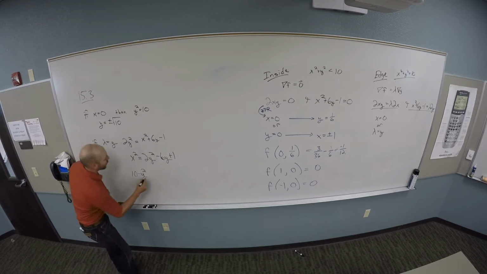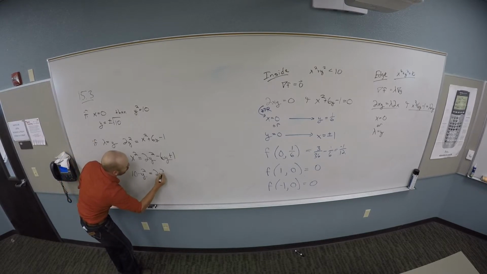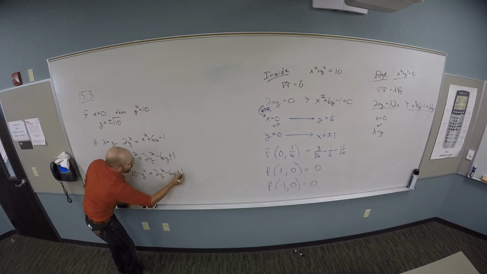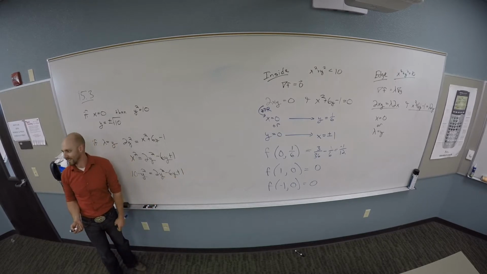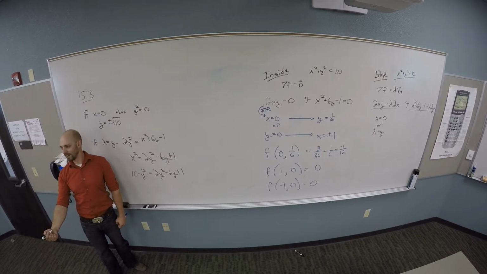Now I have one equation with just y's in it, and numbers. So my goal was to get rid of the x squared so that I could solve for y. Then once I know y, I'll be able to go back and find x squared.